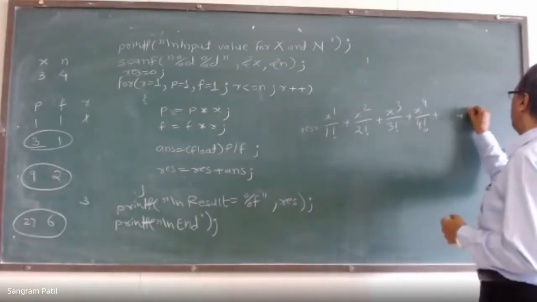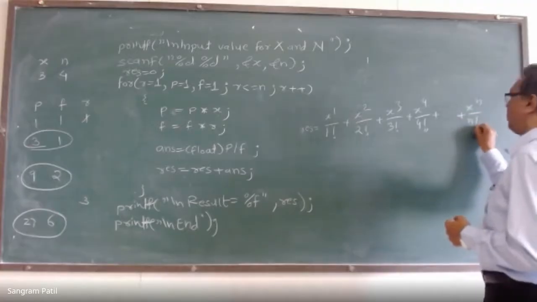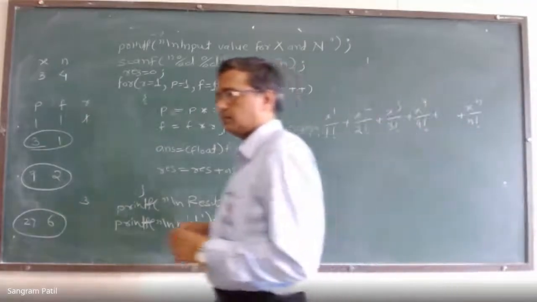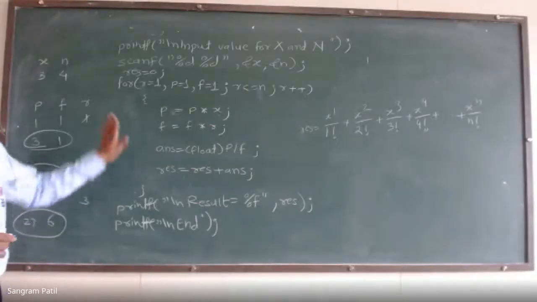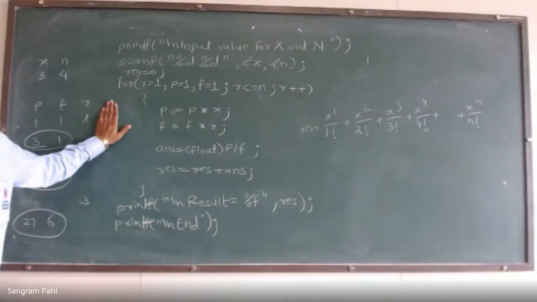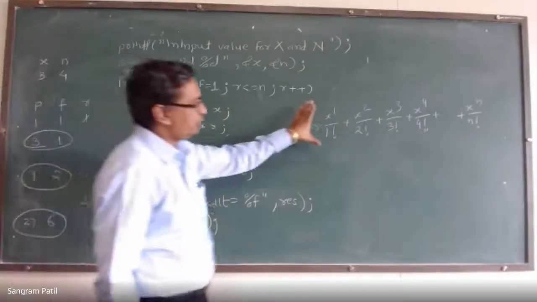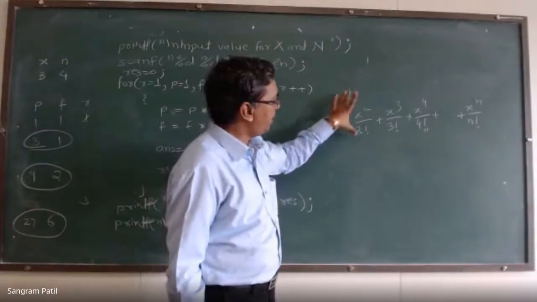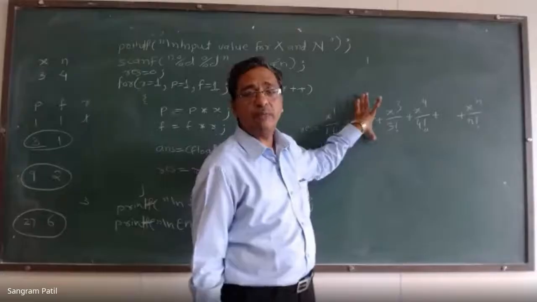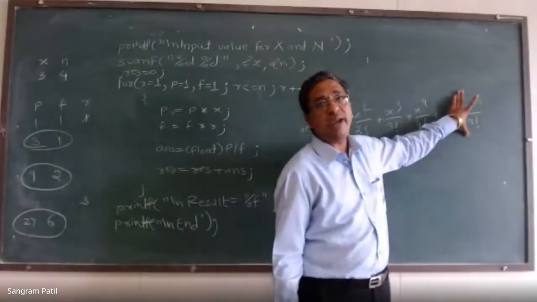Like this, it will go up to x raised to n divided by n factorial. Clear? What this program is? This program reads value of x and n, and it gives you answer of this series: x raised to 1 divided by 1 factorial plus x raised to 2 divided by 2 factorial. Like this, x raised to n divided by n factorial.